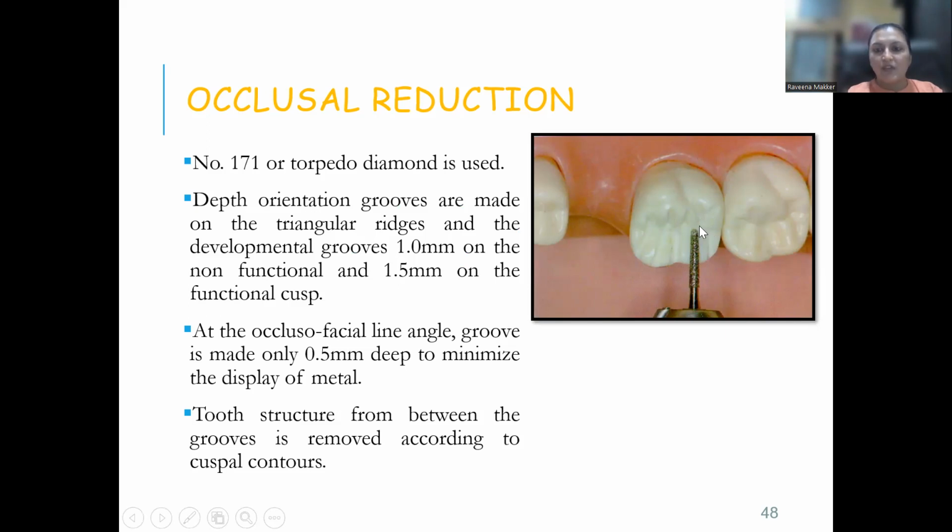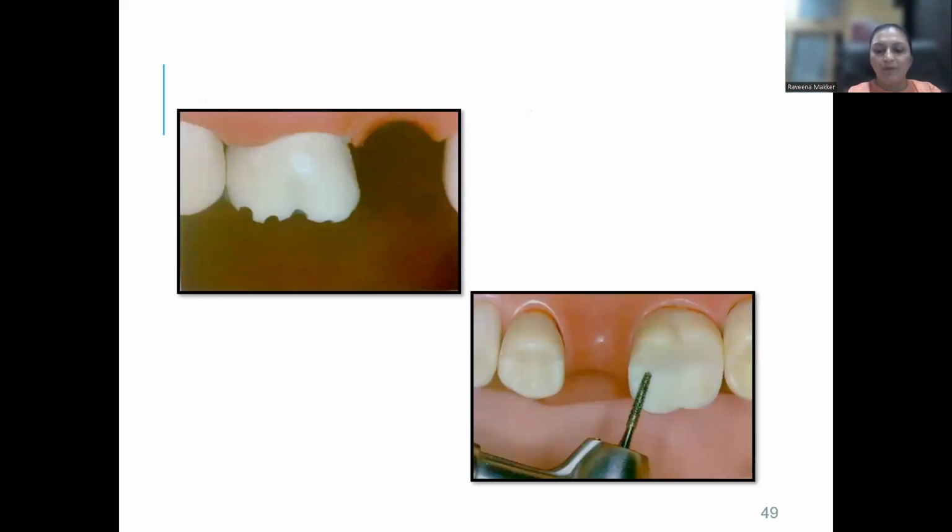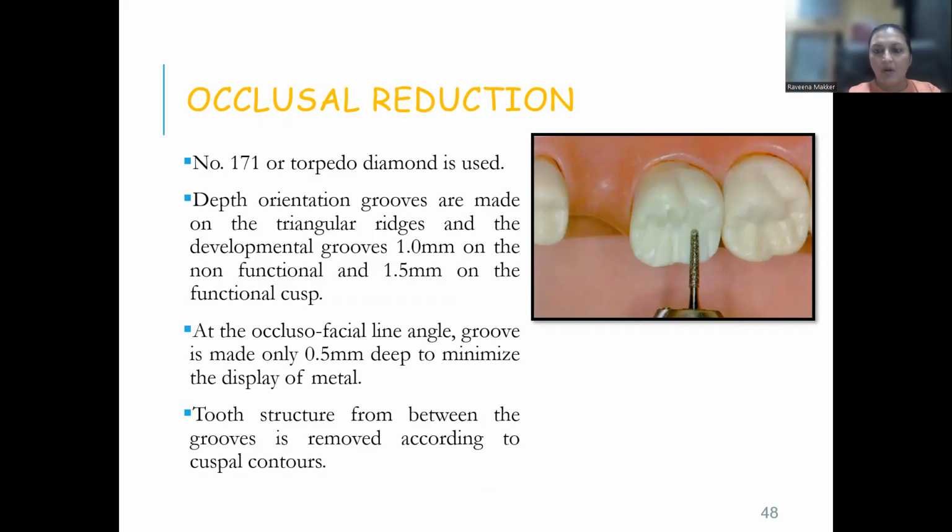At the occlusofacial line angle, groove is made only 0.5 mm deep to minimize the display of metal. The tooth structure from between the grooves is removed according to the cuspal contours.